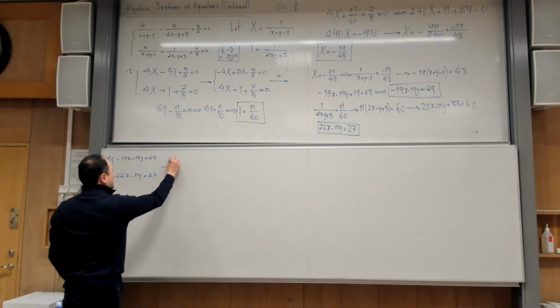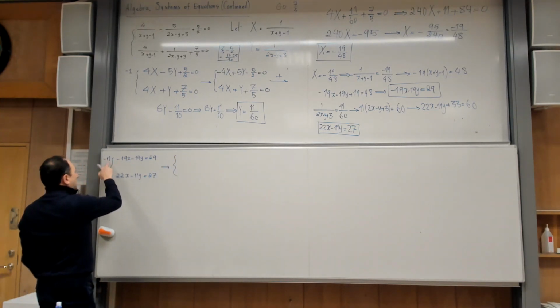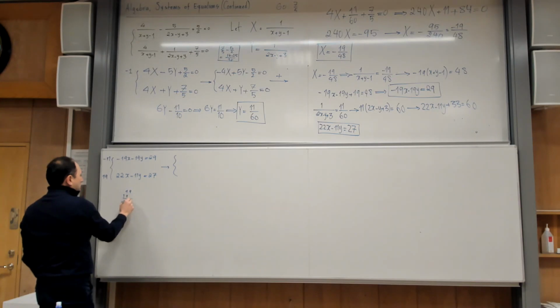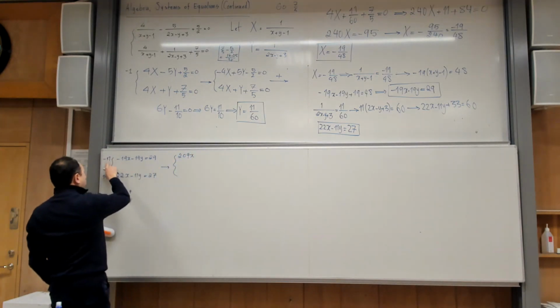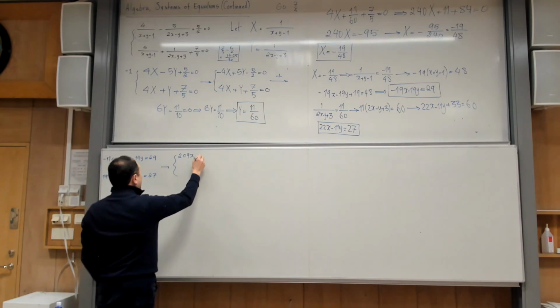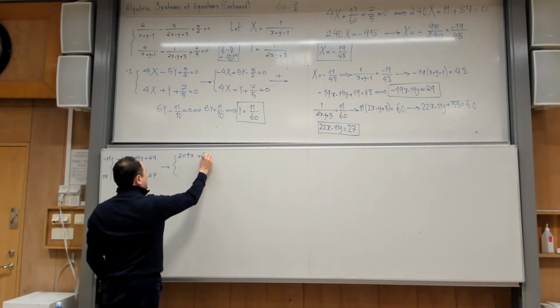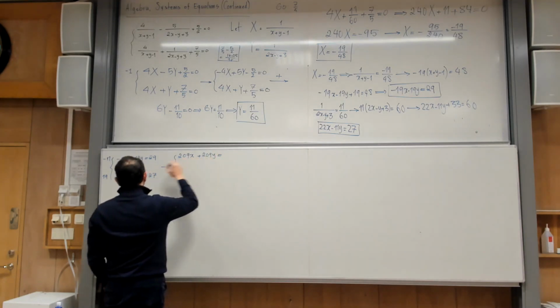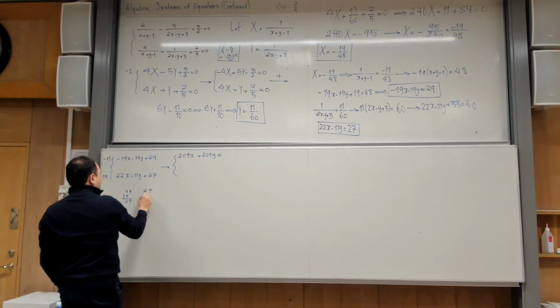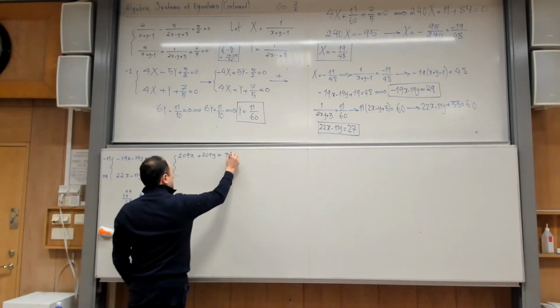So what do I do? Let me just multiply the first one by 11. I have to multiply minus 11 here. So what is the answer? So 19 times 11 is 209, so it is 209x. Here, I don't need to bother to multiply, of course, but it becomes also positive 209y equals to, I multiply this one here, 29 times 11, so it is 319, yes?